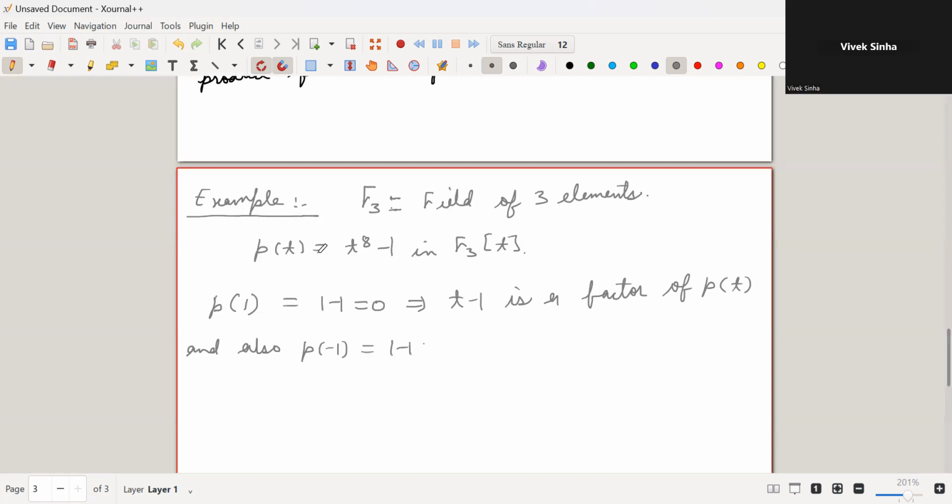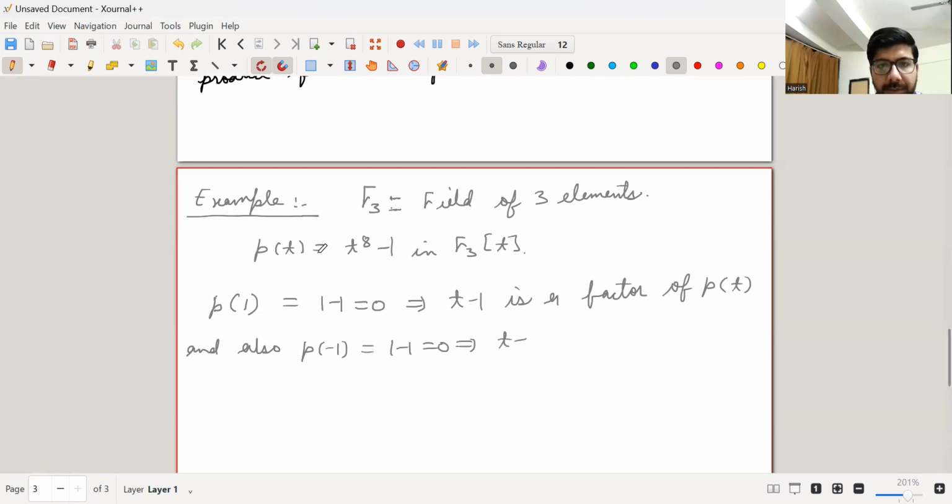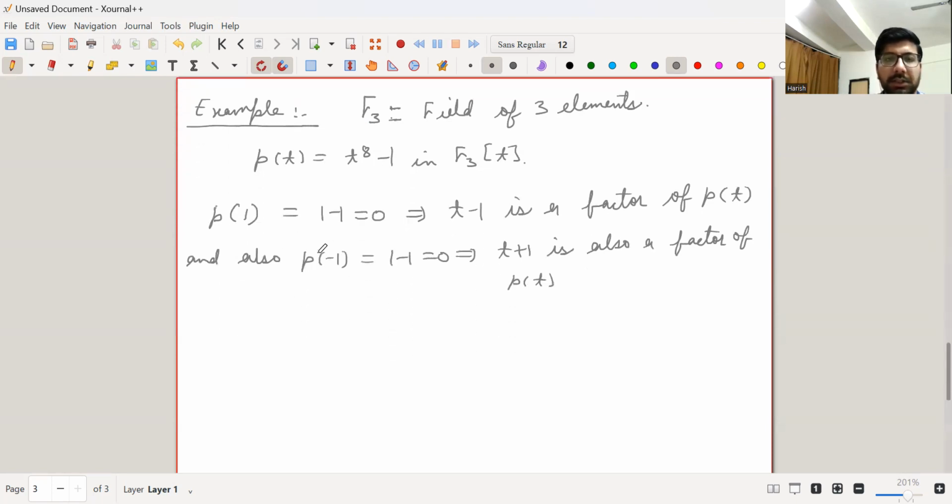Yes, this is 0, which implies that t plus 1 is also a factor of p(t), right? But what else? So p(t) is definitely (t minus 1)(t plus 1) times some q(t), such that q(t) belongs to F3[t]. But we have to factorize this q(t) also, right?